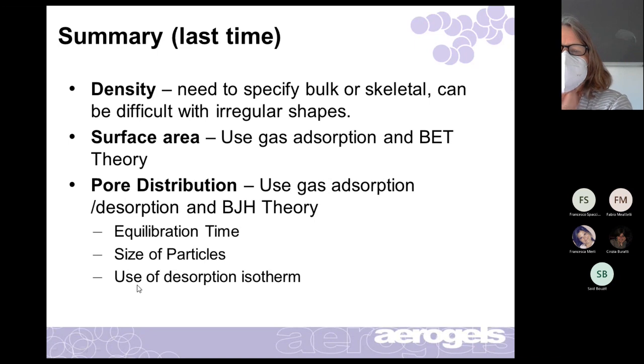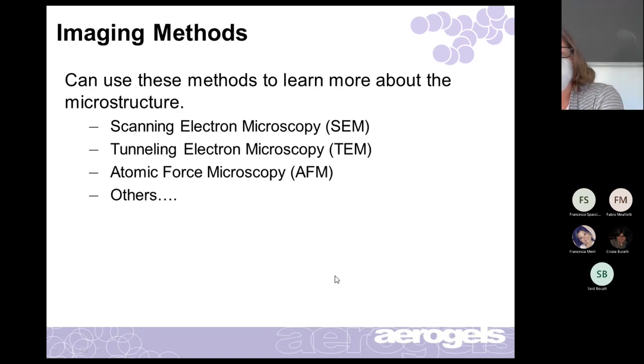We used BJH theory to determine the size of the pores. Equilibration time is important. And for aerogels particularly, it seems to work better to use the desorption isotherm. Remember, we adsorb and we desorb. That was last time, and that's in the file from last time that I sent to Professor Buratti.